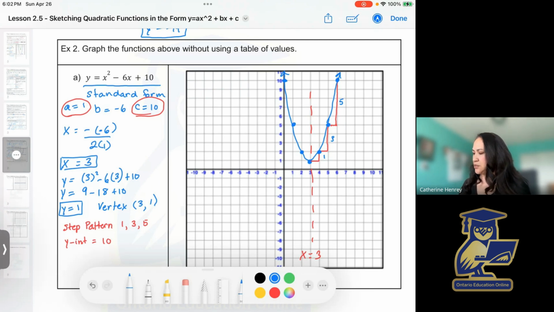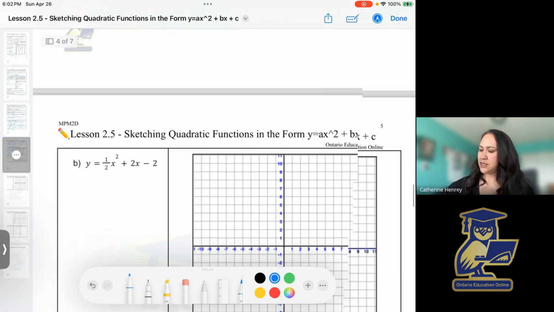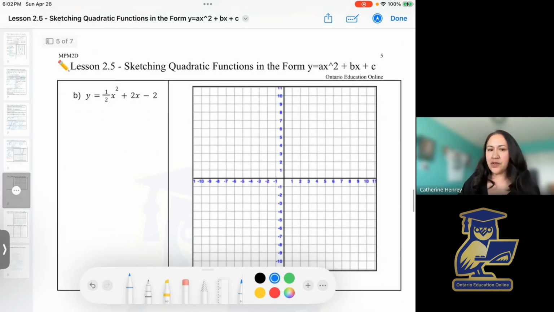All right, let's do another one so we can practice this. Again, a complex function in standard form. I don't want to use a table of values. So let's start by finding the axis of symmetry here. So x is equal to negative, our b value is 2, divided by 2 times a, which is 1/2. So x here equals -2 when you simplify.